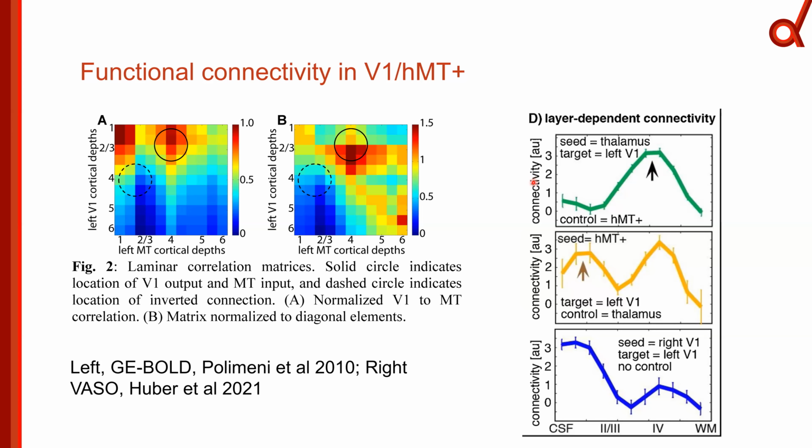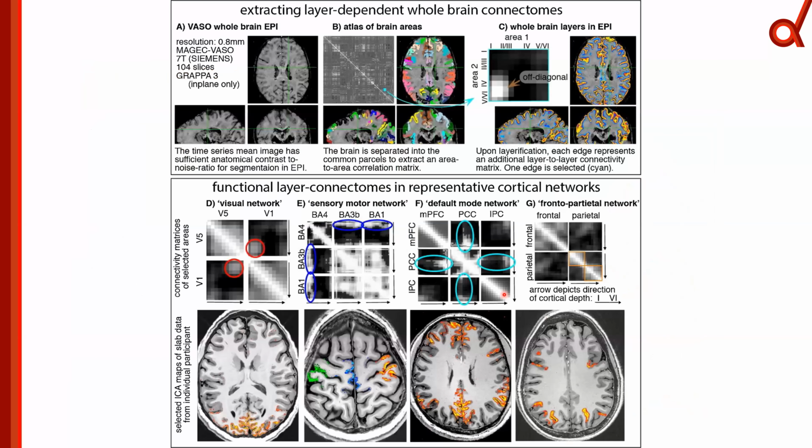So you show a connectivity measure between the thalamus and the left V1, where the signal's coming in at layer 4, where you would expect. But if you have the seed in hMT+ going into left V1, you're getting a double peak, which is consistent with feedback into the superficial and the inferior layers in V1. And this is just a control measurement here. And there's also, in the same paper from Renzo, a very nice first connectome, where you can look at the connectivity between different regions.